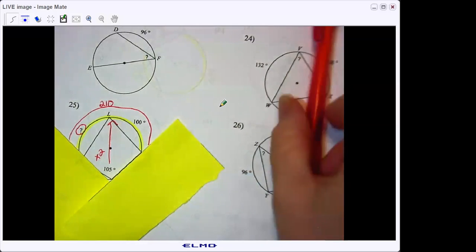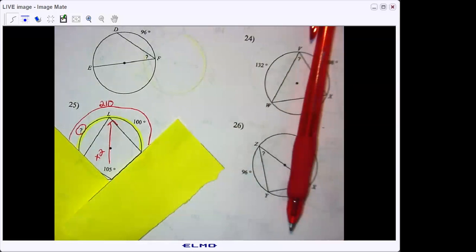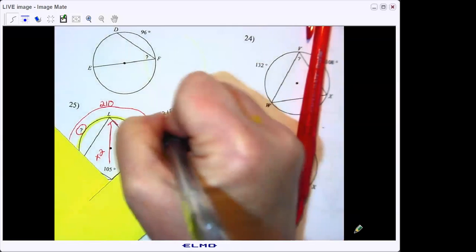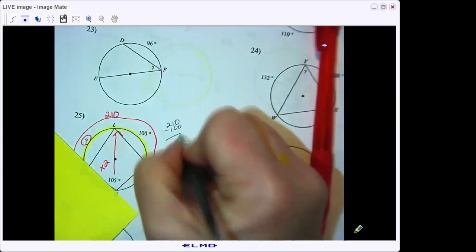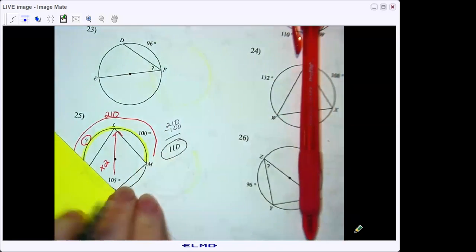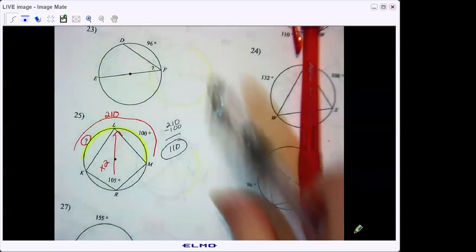Good, Ethan. So all we're going to do is take 210 and subtract off the 100. And that's going to give me 110, my answer. Okay, good.